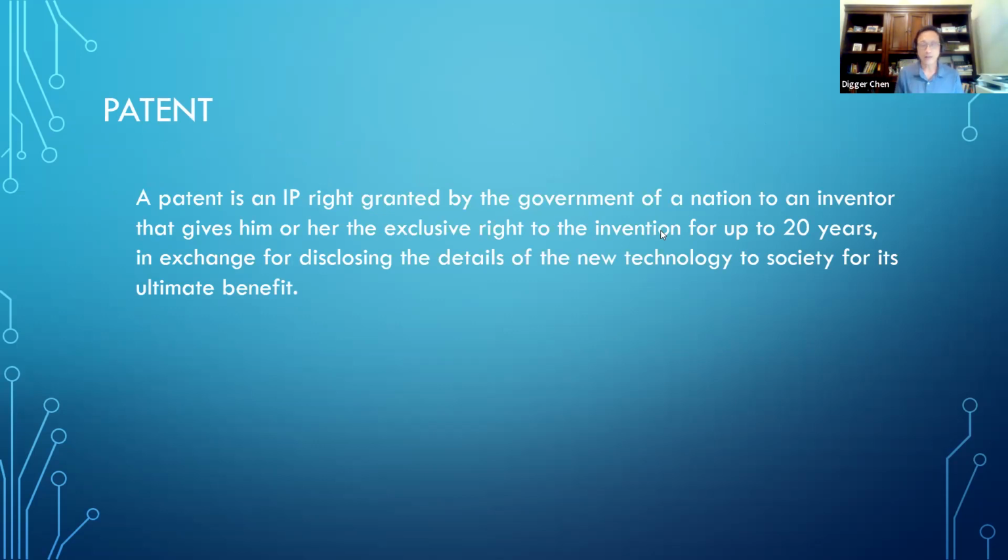What is a patent? A patent is an IP right granted by the government, for example, the US government, to give an inventor the exclusive right for their invention up to 20 years in exchange for disclosing all your invention, all the details, and its ultimate benefit.